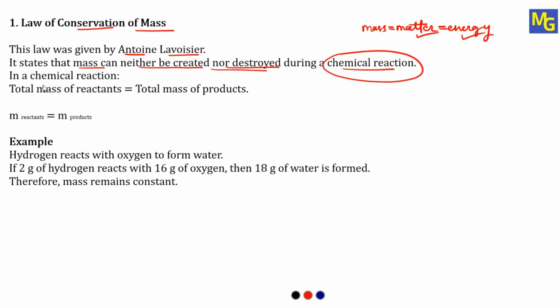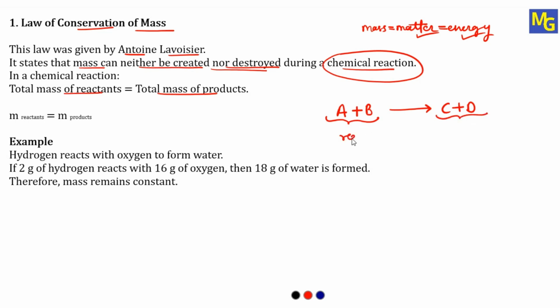In a chemical reaction, the total mass of the reactants will always be equal to the total mass of the products. For example, if our reactants are A plus B, and after the reaction we get the products C plus D, then the amount of A and B used in the reaction will be exactly equal to the amount of C and D.